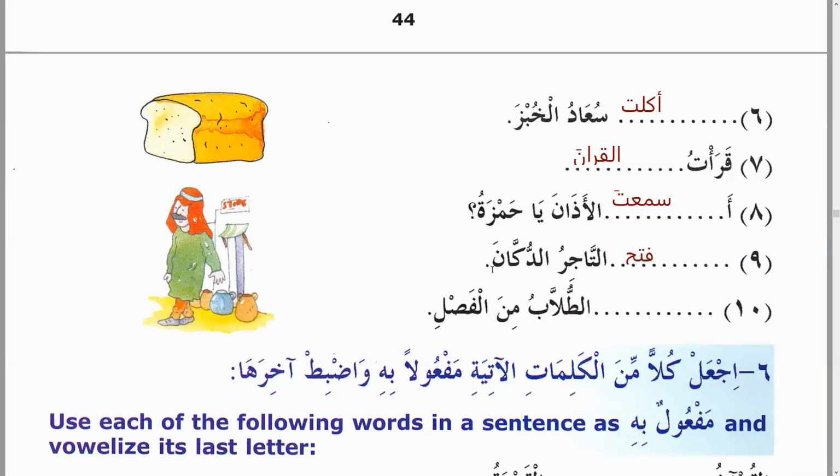The students left the class. Kharaja. Even though it is plural now, we won't say kharaju. No. Kharajat tullabu. This is how we have to do it. Right? Kharajat tullabu minal fasli. The students came out from the class.